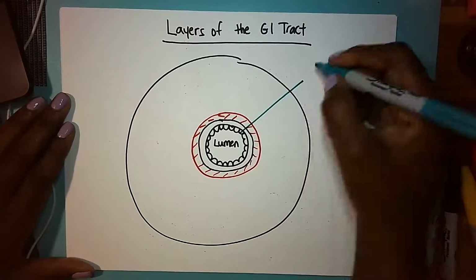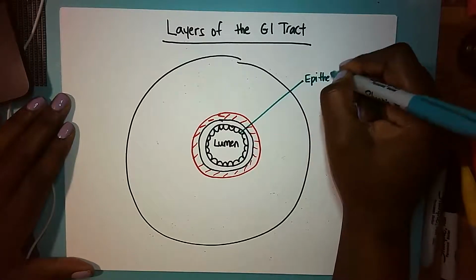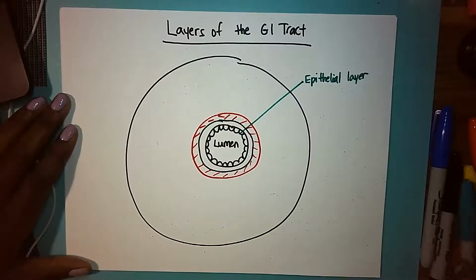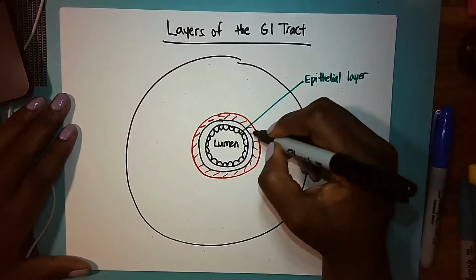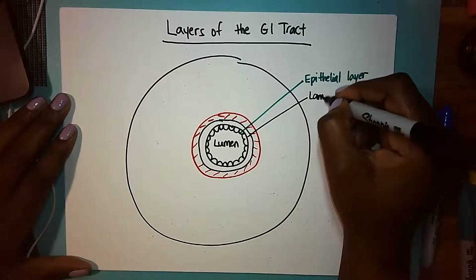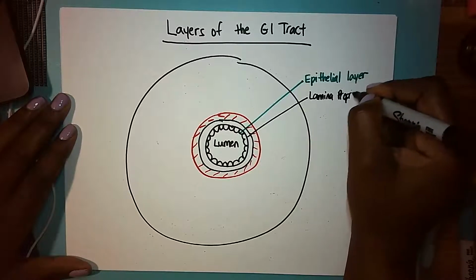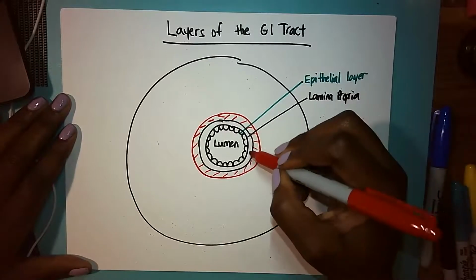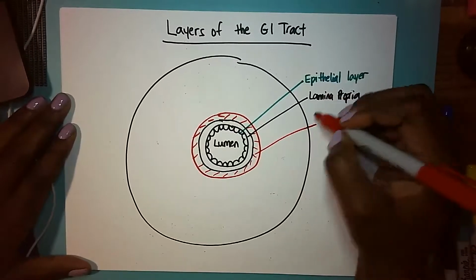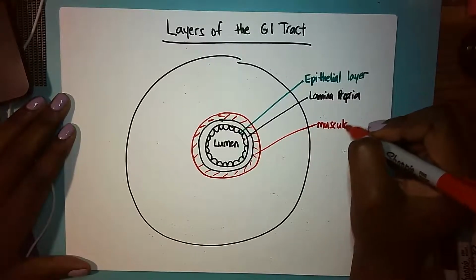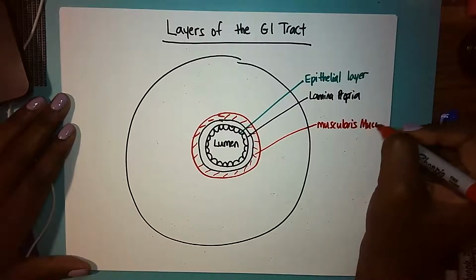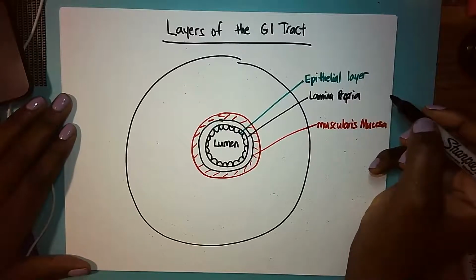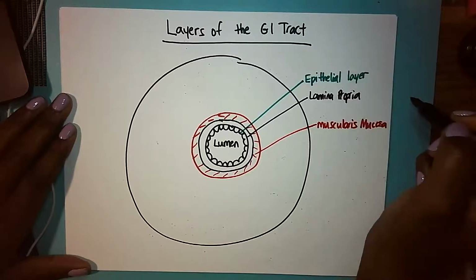So we've got the epithelial layer, we've got the lamina propria, and we have the muscularis mucosa, and together, all of these form the mucosa, okay?